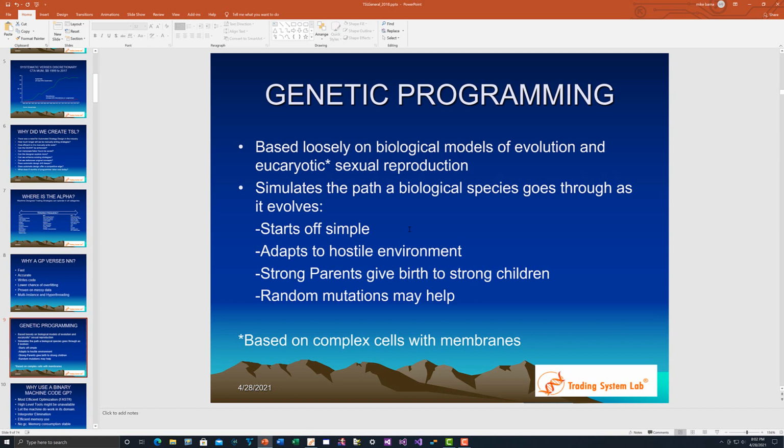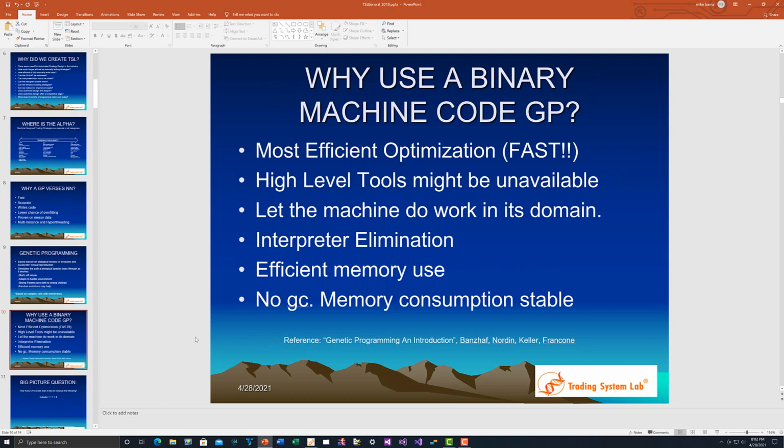Now, there are two major types of genetic programming. There's a tree-based genetic program, and there's a register machine code-based genetic program. The machine code register-based genetic program is the fastest, most efficient algorithm out there. And why use it?